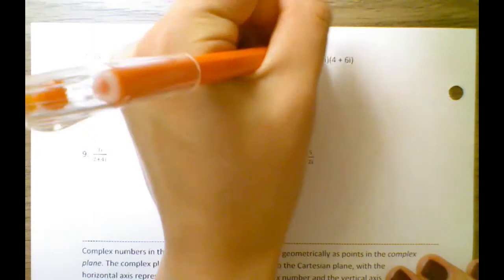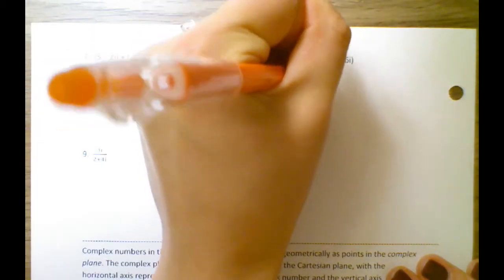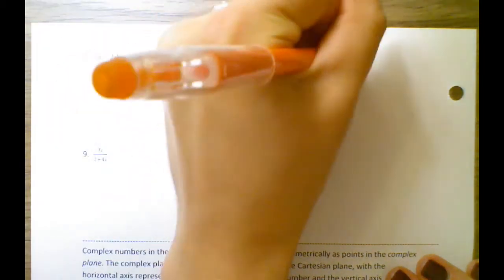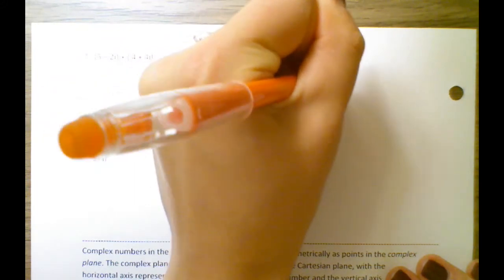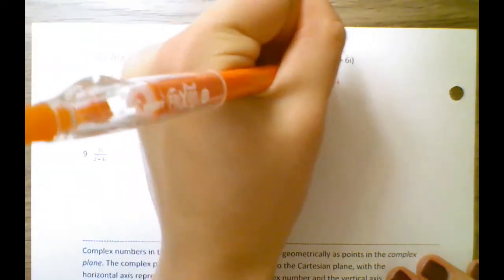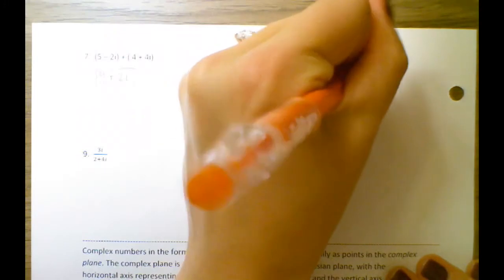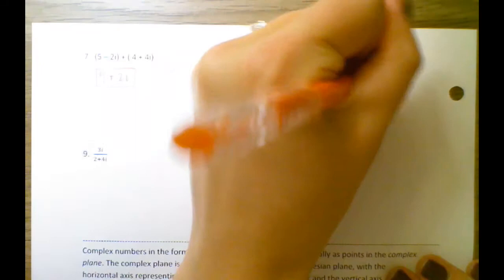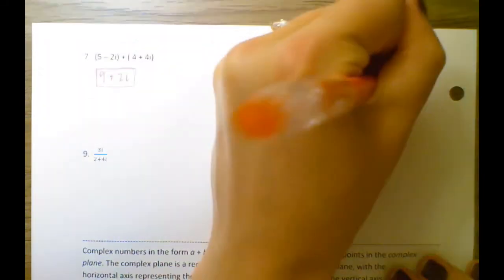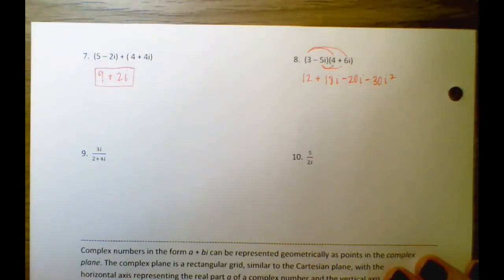Okay, number 8, we are multiplying. Okay, here we're just going to FOIL. 3 times 4 is 12. 3 times 6i is 18i. Negative 5i times 4 is negative 20i. And negative 5i times 6i is negative 30i squared, because I did i times i.